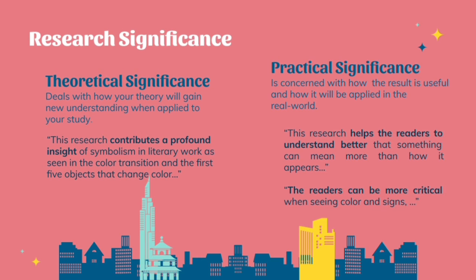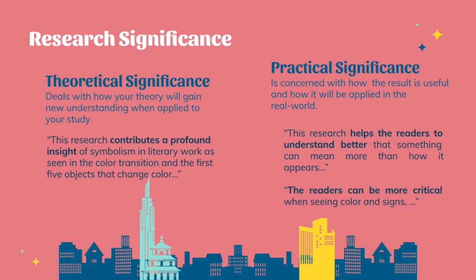The first, theoretical significance, deals with how your theory will gain new understanding when applied to your study. In Vivit's thesis, this research contributes a profound insight of symbolism in literary work as seen in the color transition and the five objects that change color.